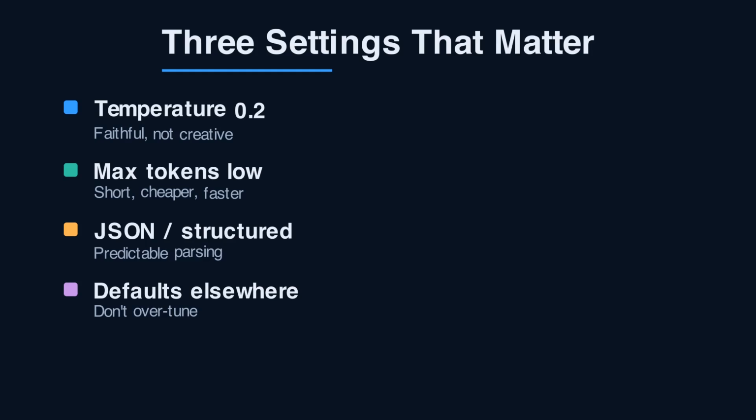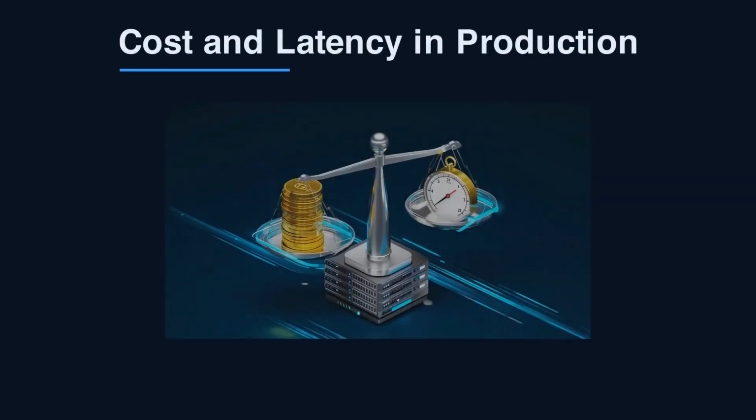Structured outputs or JSON mode so you get a predictable object per item instead of free text you have to scrape. Everything else, like top P or frequency penalty, you can usually leave at defaults. API versions and the exact structured output support change often, so check the current Azure OpenAI docs before you pin a version.